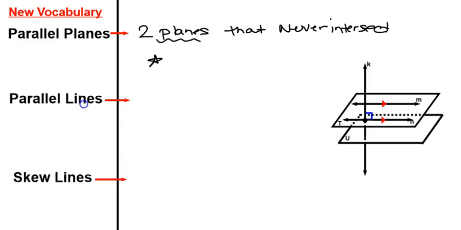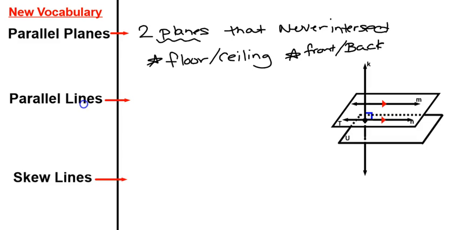Examples of that, probably the most common example would be a floor and a ceiling. You could think of it as the front of the room and the back of the room. Remember, a plane is that big, long, flat surface, and so these are 2 of those that would never intersect.